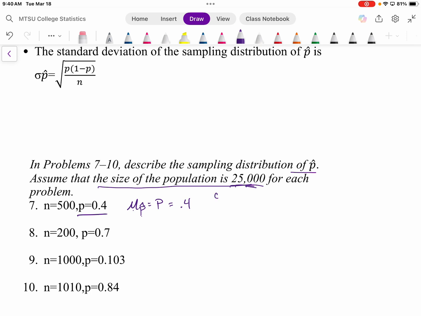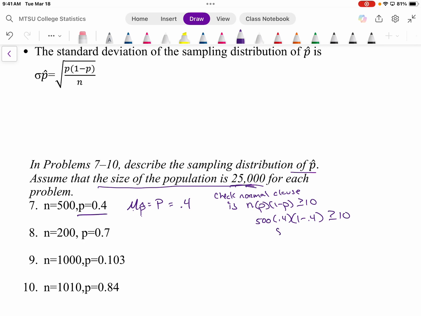Now, let's check the normal condition. Is n times p times 1 minus p greater than or equal to 10? If that's true, then I can say it's normal. So is 500 times 0.4 times 1 minus 0.4 greater than or equal to 10?